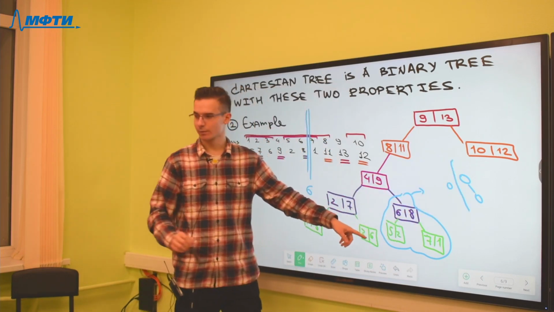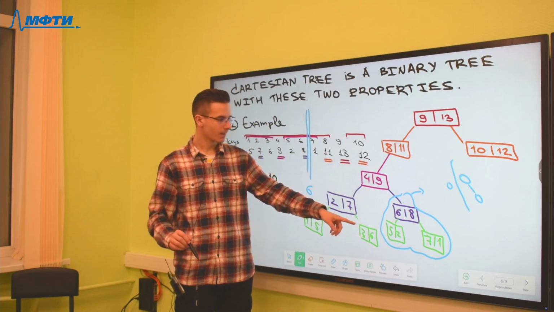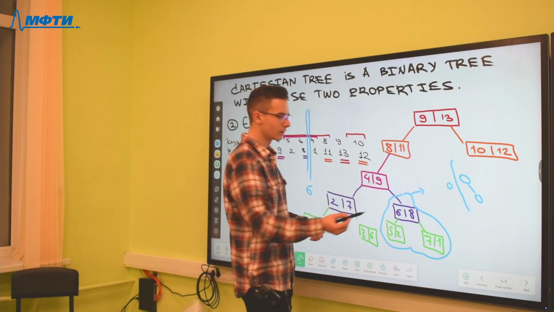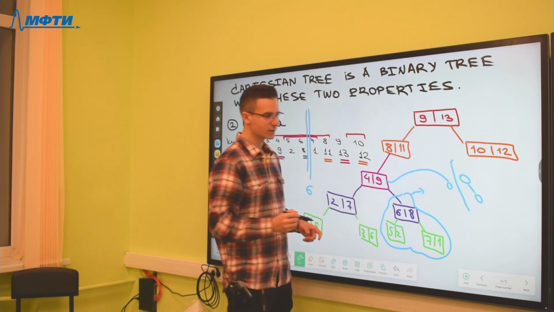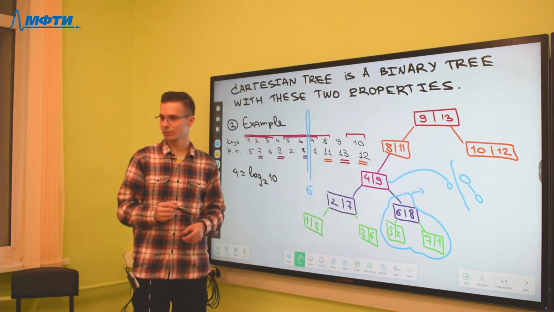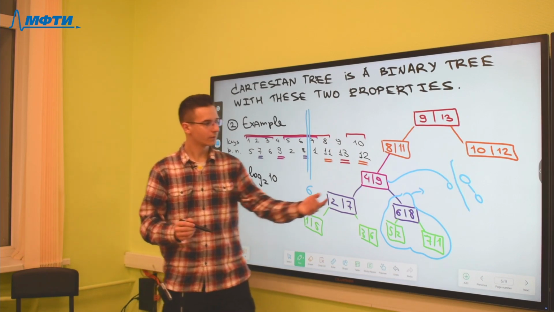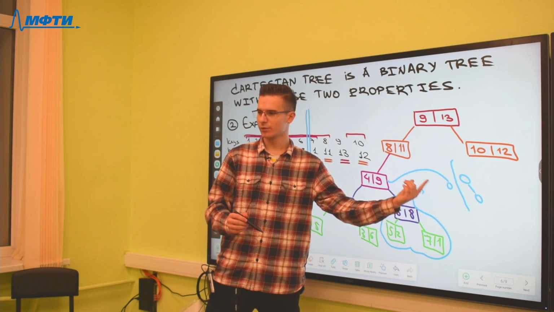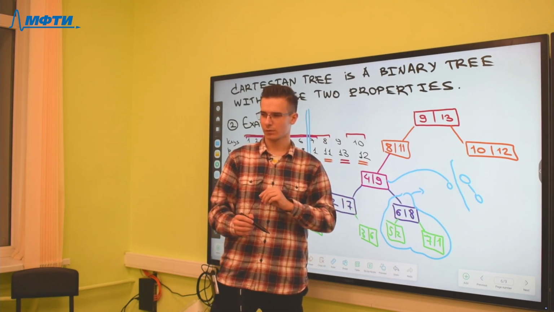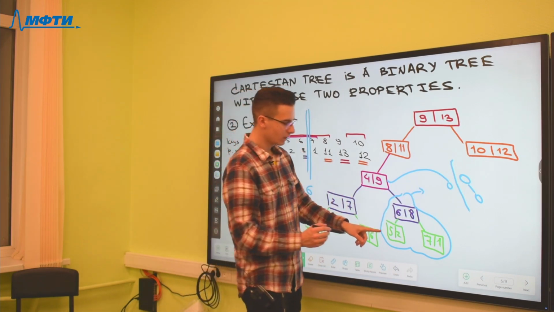This is splitting this tree. Then we can connect this node with the new left subtree here. Do you understand me? No? Okay.